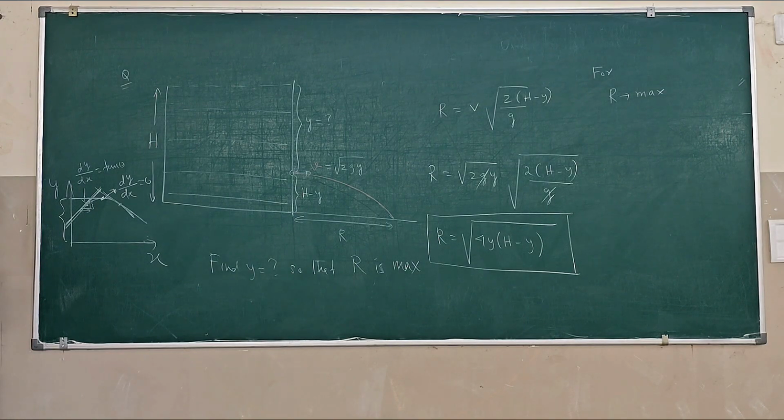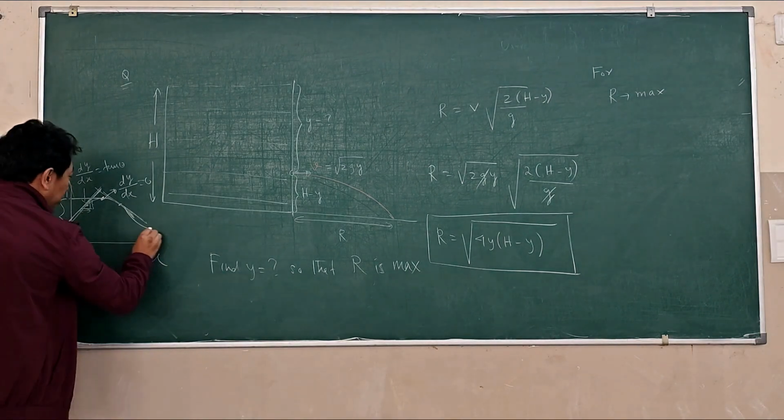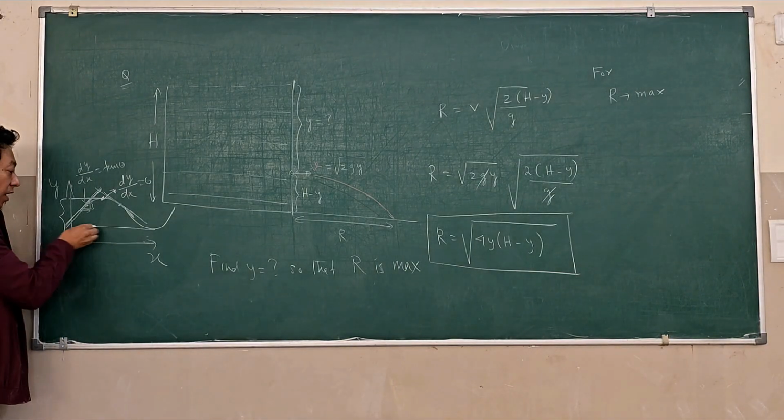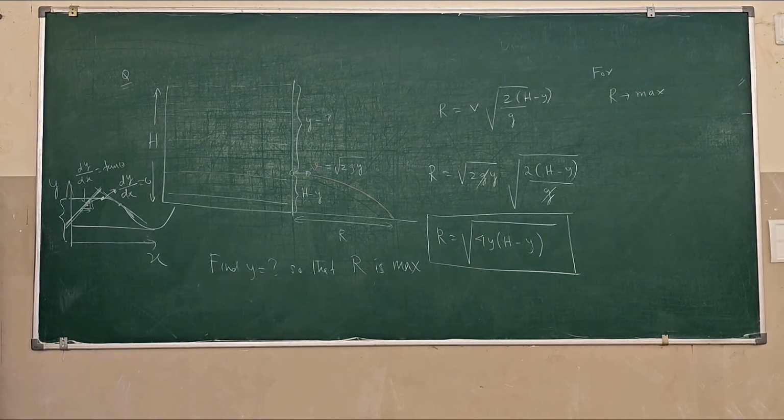So when your function is maximum, it will not change at that point, because it is maximum. Maximum means you cannot increase more, no? If a function is maximum, at that point it cannot further increase. Same thing will happen if there was minimum. At this point, y is minimum. What is dy by dx? 0.